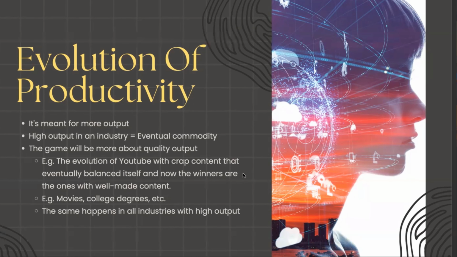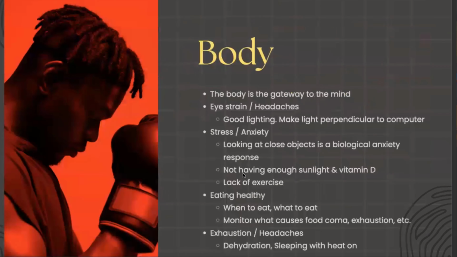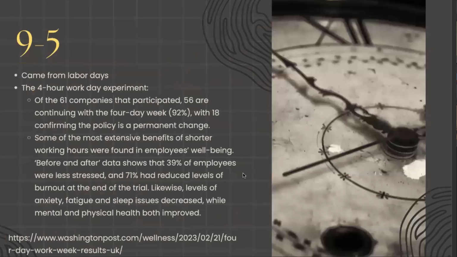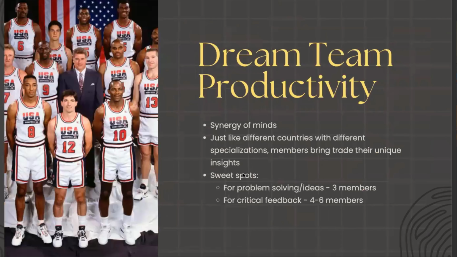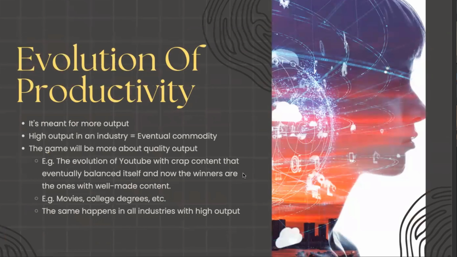We want to make sure that we're producing quality output, and that really goes back to that personal productivity level of making sure that you're not doing just output, because if you're midday and you're just creating output, that's not really the most quality output. So really the quality output comes from that maximum mind energy. So yeah, I think that's what I have to say on productivity.